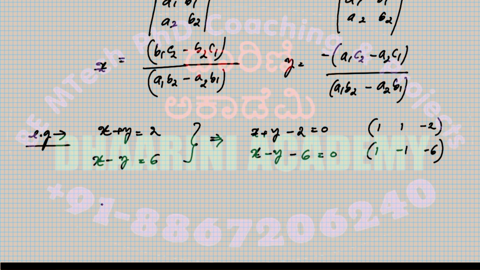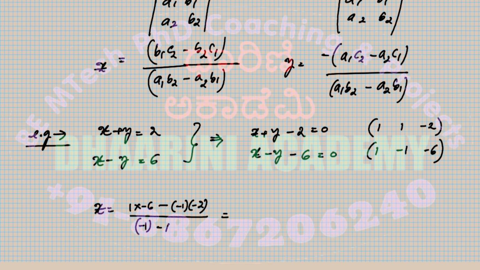So x is equal to b1 into c2, minus 6, minus b2 into c1, divided by a1 into b2, that is 1 into minus 1, minus a2 into b1. So that is 1.